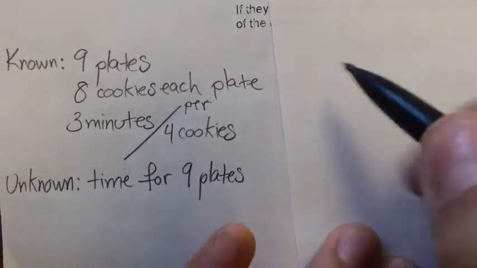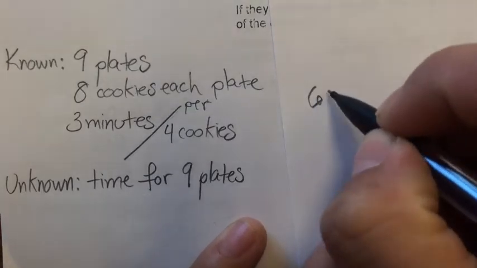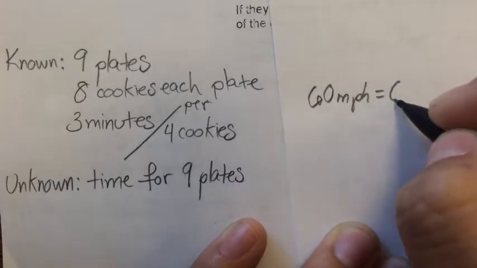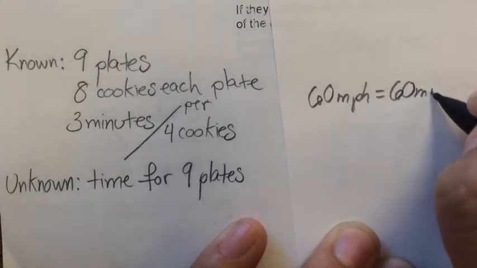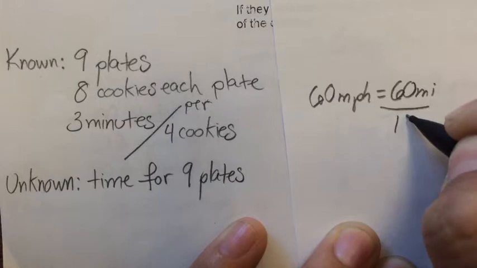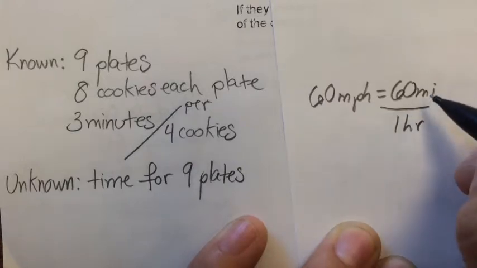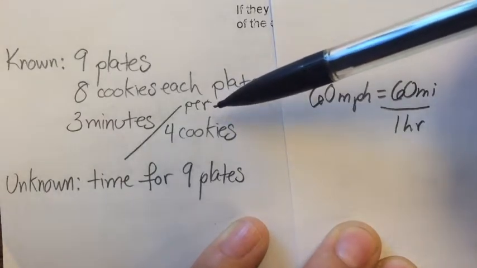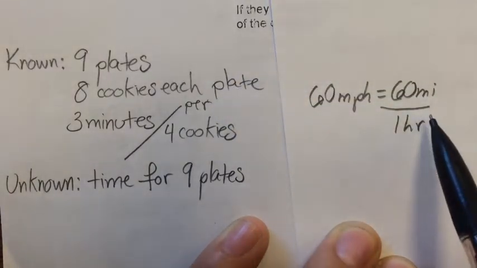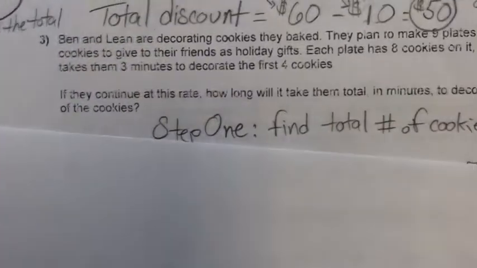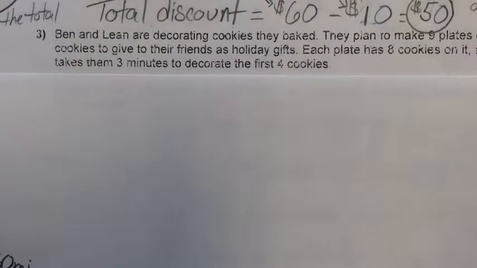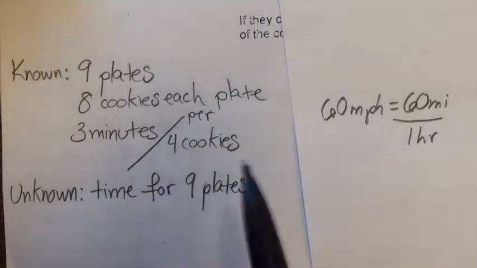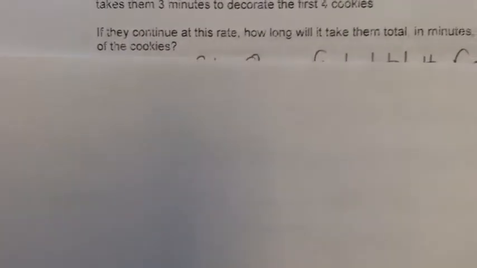As a side note, when I drive 60 miles an hour, that's the same as saying I drive 60 miles per 1 hour. So anytime you see a word problem where you can use the word per, you can set it up as a fraction like this. It takes them 3 minutes for 4 cookies, 3 minutes per 4 cookies.